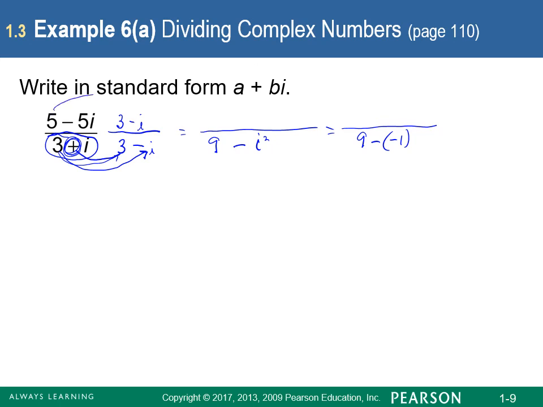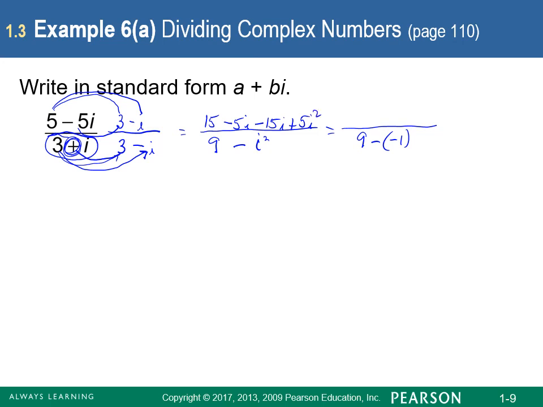In the top, we've got 5 times 3 is 15. We've got 5 times negative i, which is negative 5i. We've got negative 5i times 3, which is negative 15i. And we've got negative 5i times negative i, which comes out to be a positive 5i squared.